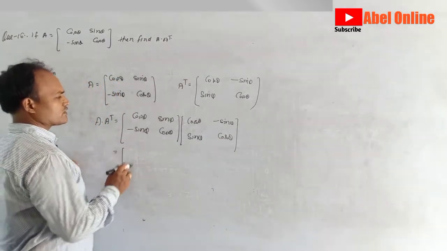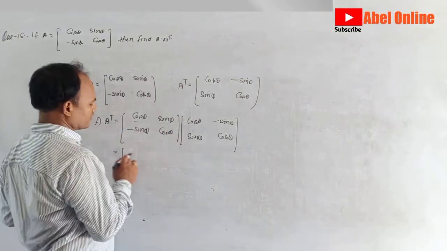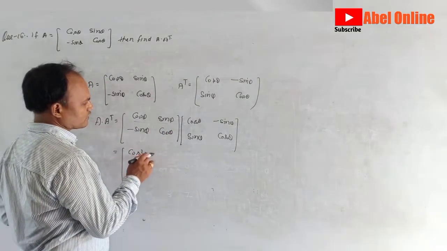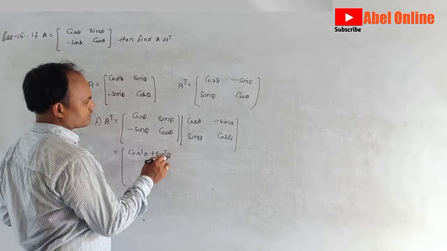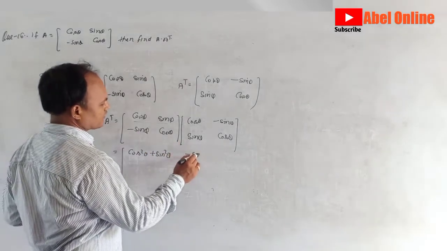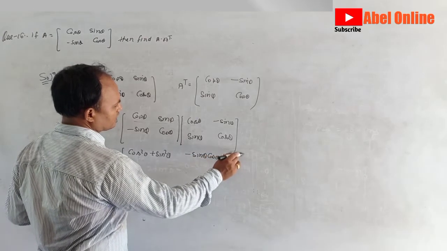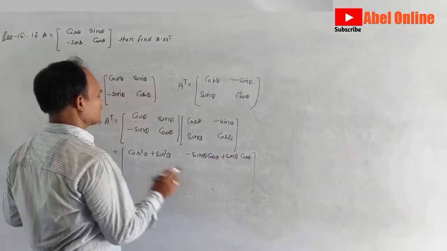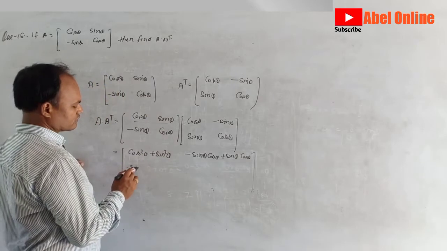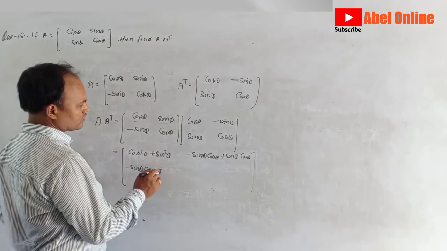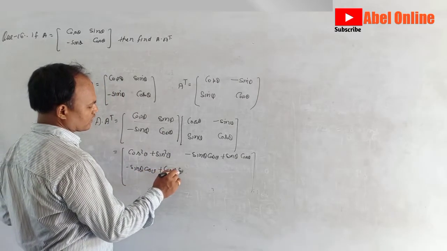So when we multiply rows by columns, we get cos square theta plus sin square theta, and minus sin theta cos theta plus sin theta cos theta. The next entry is minus sin theta cos theta plus cos theta into sin theta.